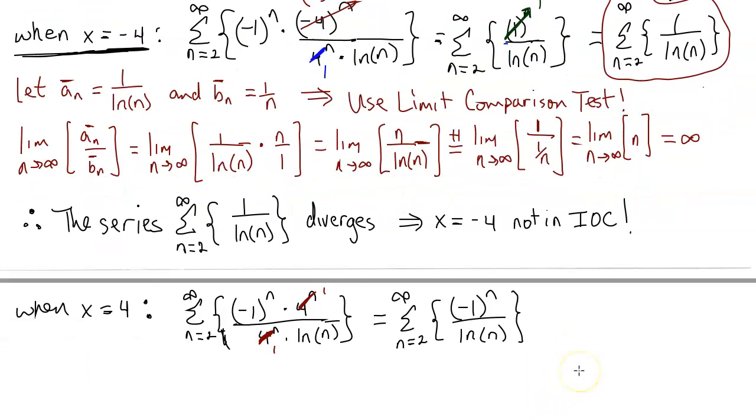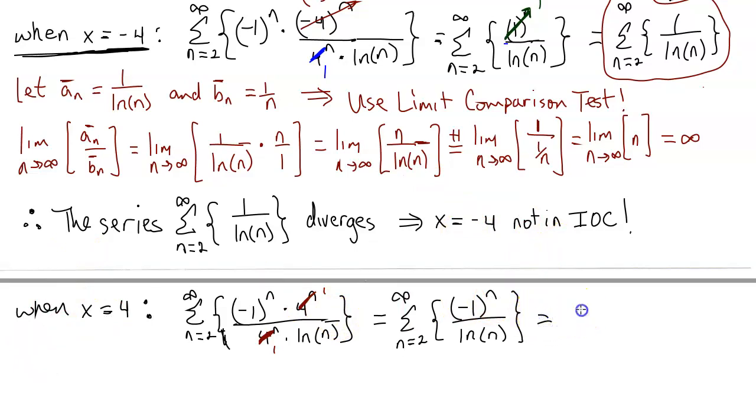So we see here that we have an alternating series. So it's natural for us to go ahead and use the alternating series test to see if this particular series would be conditionally convergent by the alternating series test. To do that, the first thing we want to do is look at the non-negative version of this.